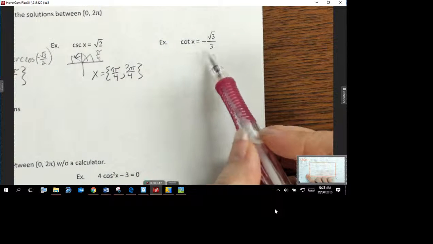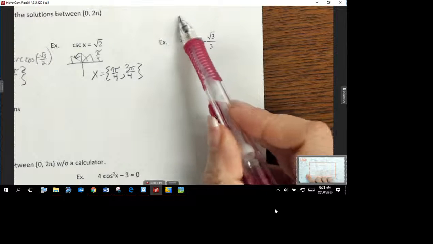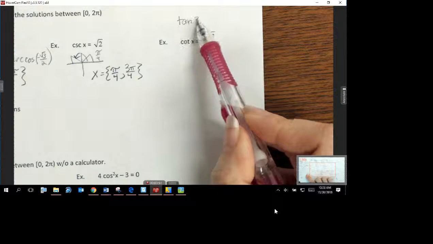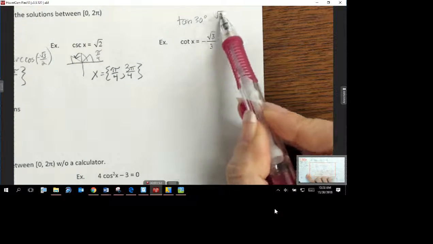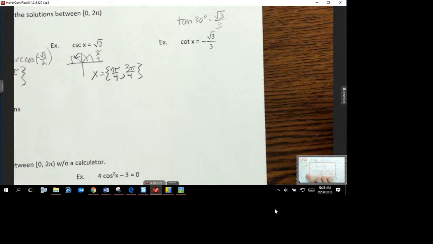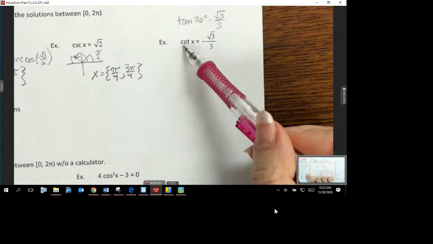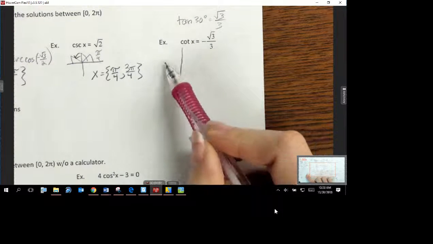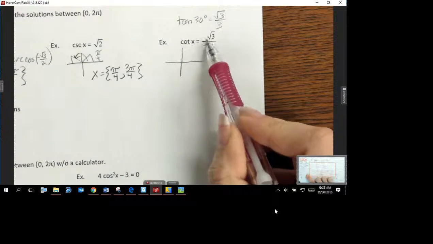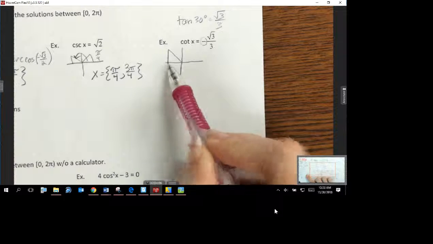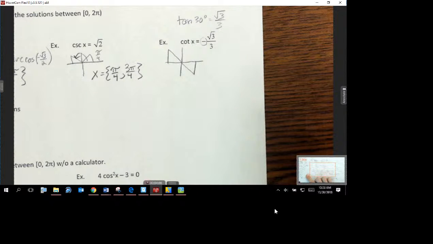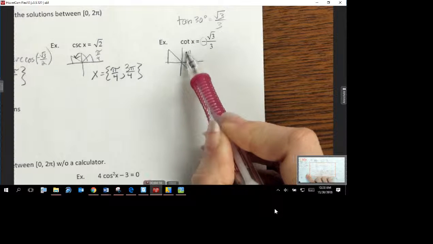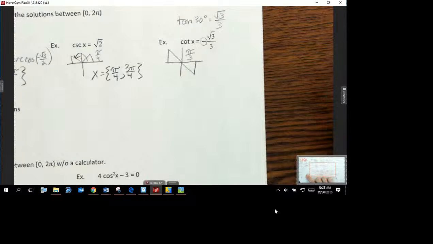And then the third one, we've got cotangent. The one that I have memorized is tangent of 30 degrees is the one with all the 3's. So if I'm asking cotangent of what is the one with all the 3's, it's not going to be 30. And then this is negative, so we have to know that cotangent is negative in the second and fourth. It's going to be a 60, which is pi over 3 reference angle.